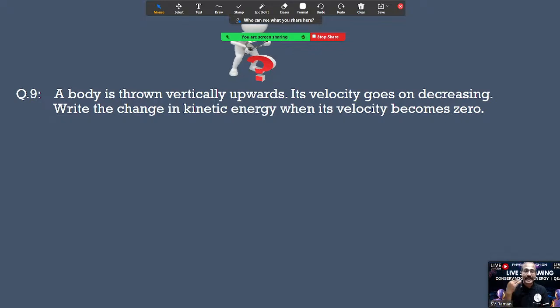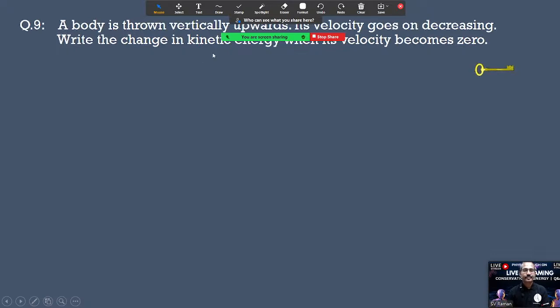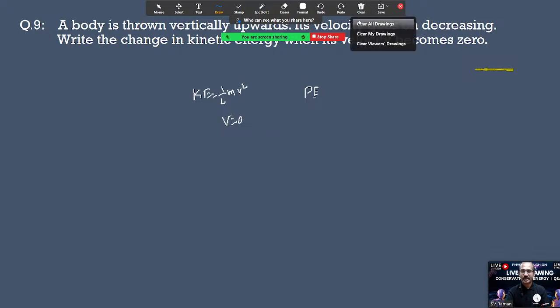As you know, KE is equal to half mv square. At height h, velocity will be 0. Then what is the change in kinetic energy? Kinetic energy will convert into potential energy. Once the final velocity is 0, it stopped. At height h, the body has potential energy. That is the answer.